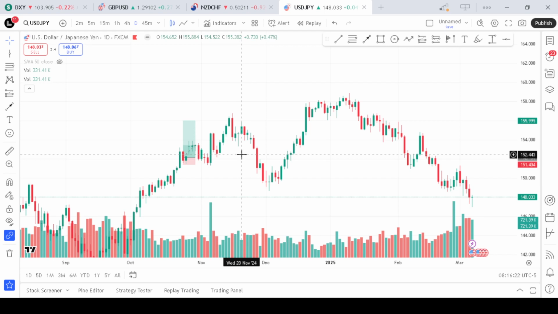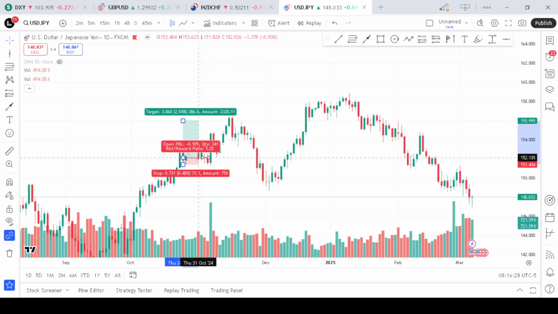We have to exit or close our position on the 3rd day of the new month. So we can decide to close our position on the 3rd day of the new month, as the case may be.